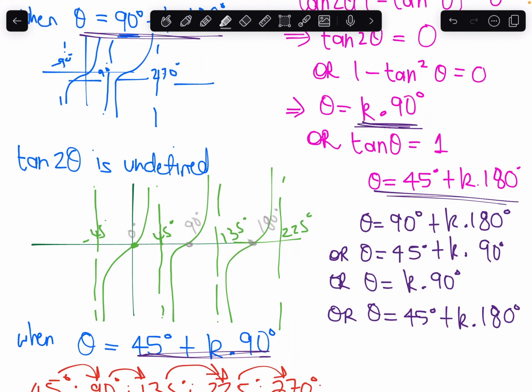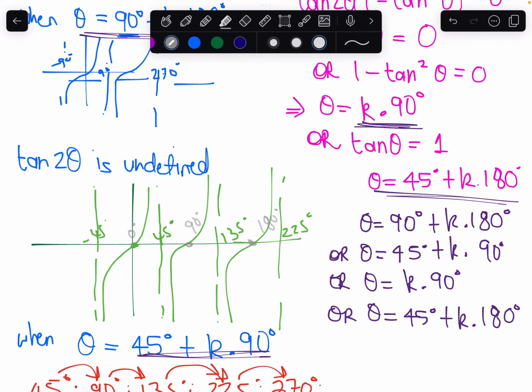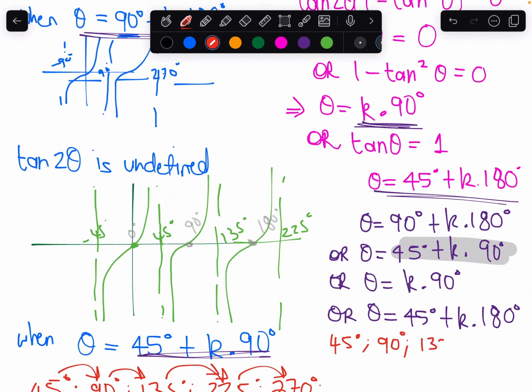What I'm noticing is that 45 plus k 90 is going to touch every other multiple of 45. So the multiples of 45 are, and I'm just going to focus on the positive numbers, but you can easily extend it to the negatives. All right, so I'll just write the first few.